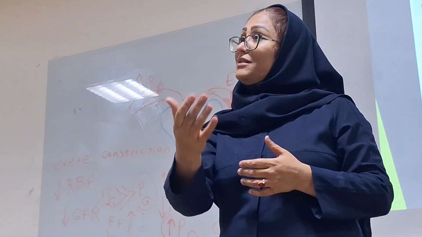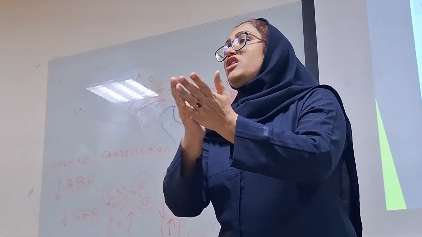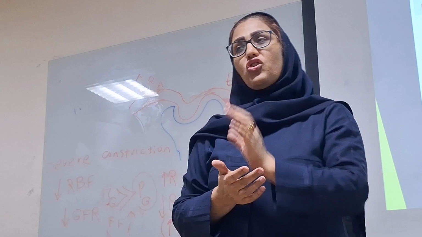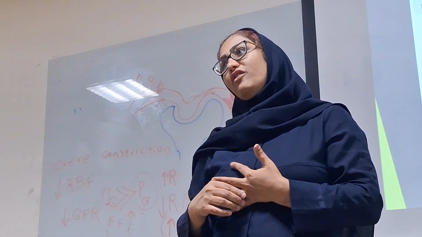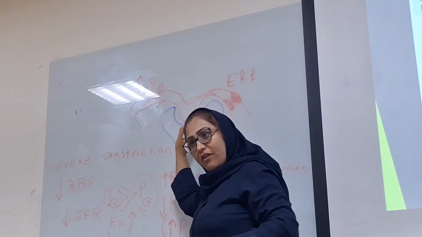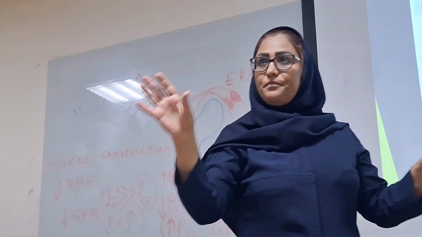The increase in pi G is much more than the increase in PG, so it opposes GFR. GFR decreases. It doesn't mean there is backflow from Bowman's capsule. Got it? No question?